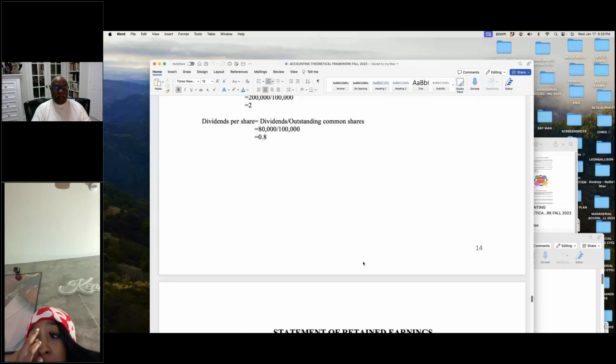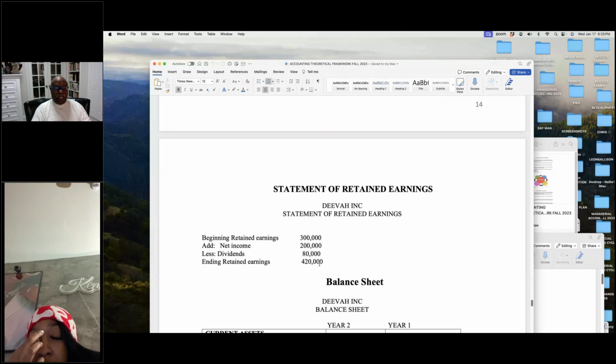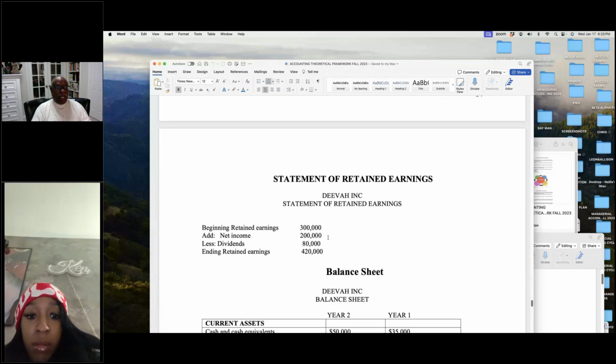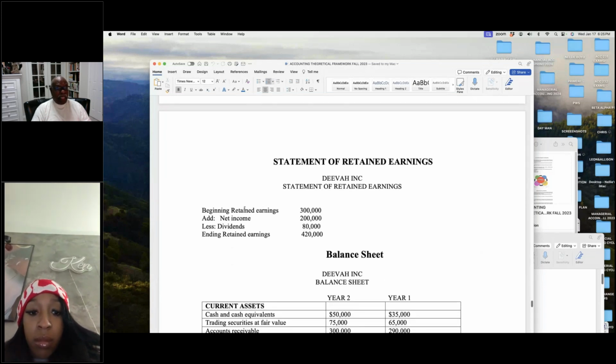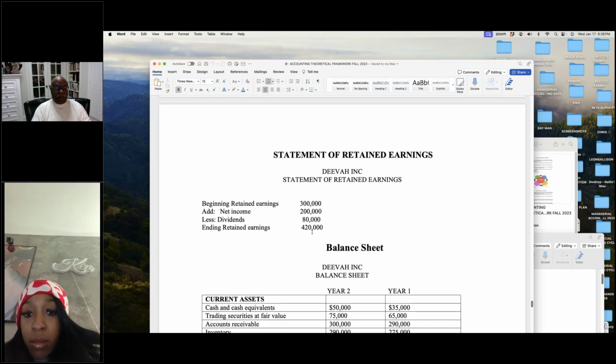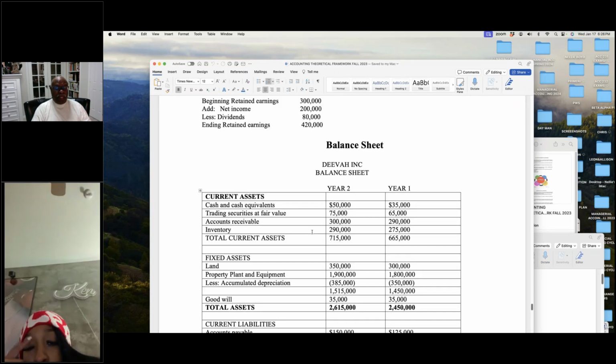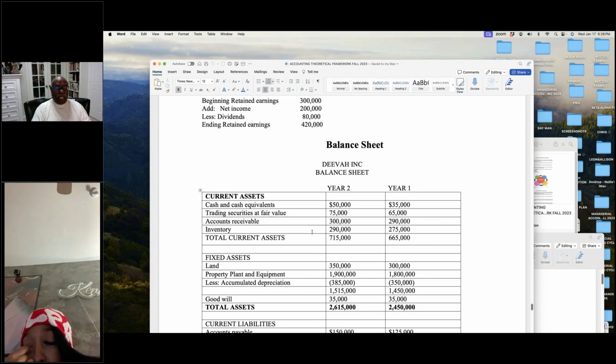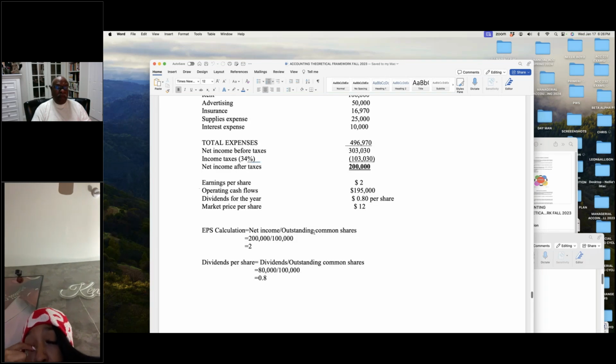You should have learned how to prepare a statement of retained earnings: beginning retained earnings plus the net income less dividends equals ending retained earnings. And then the balance sheet. The income statement tells us how much income we made.